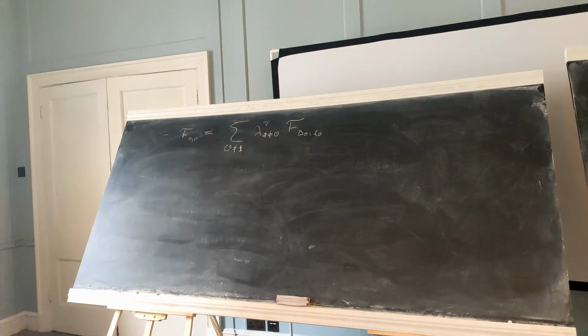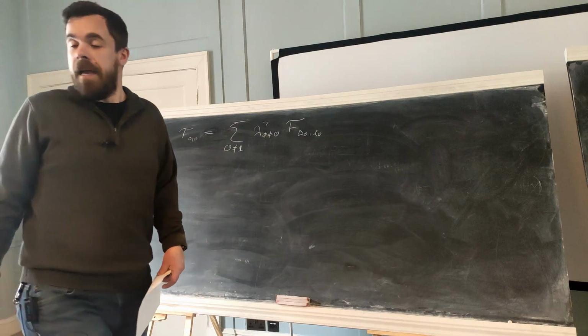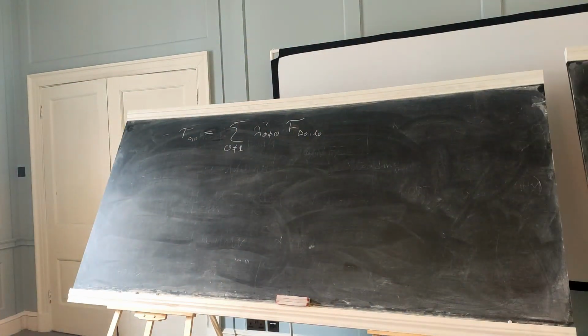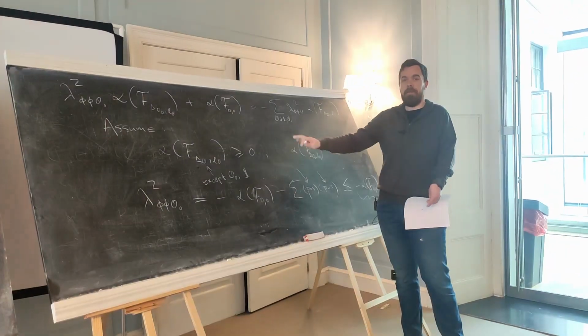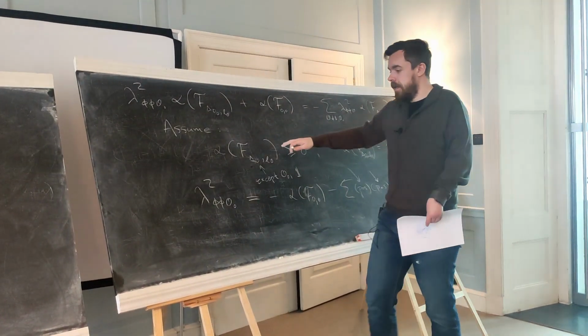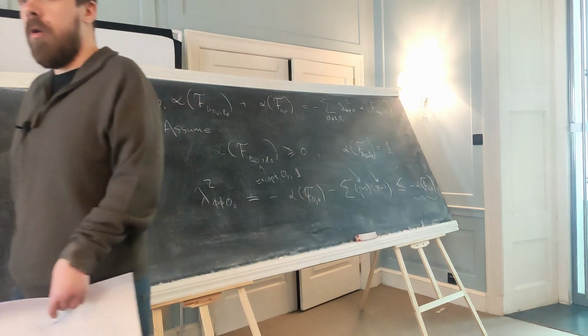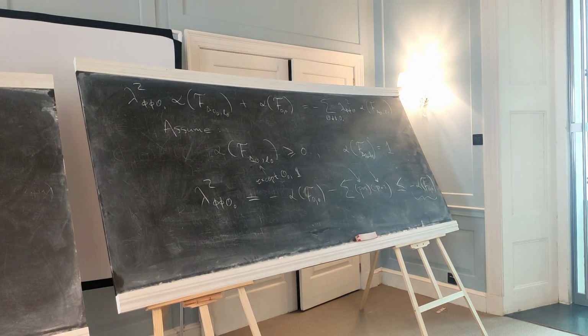Sorry. Yes. How can I make sure that my assumption here is always true? I search for such a thing. And if I find it, then this is true. Is your question that there may be no alpha for which this is true?